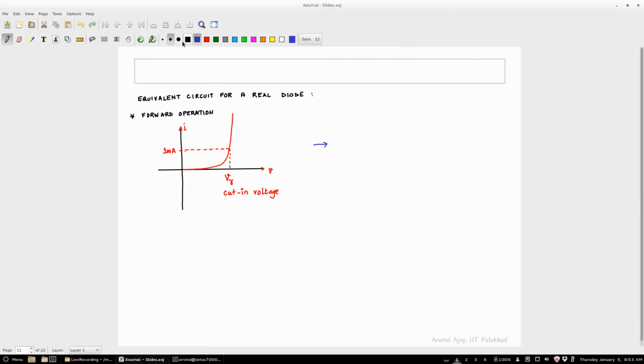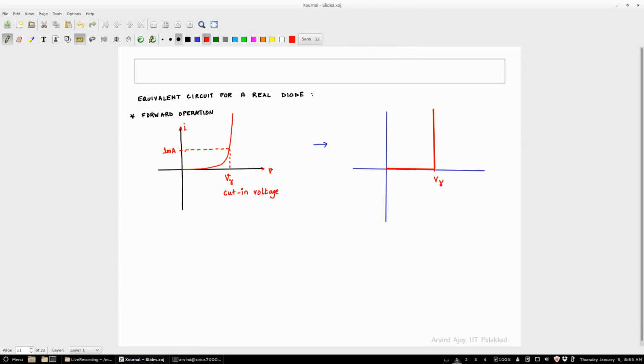There's nothing really wrong in engineering, as long as you're reasonably correct. So what this is basically saying is, when the current is say 1 milliamp, I want to know what the voltage is. Because one simple approximation of this device is, so that is my V gamma.